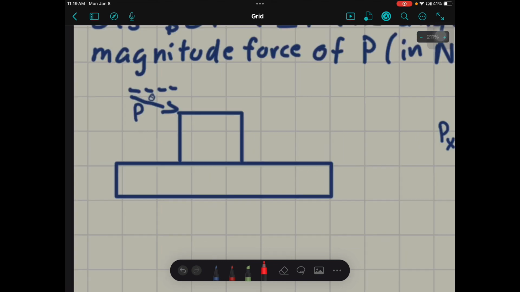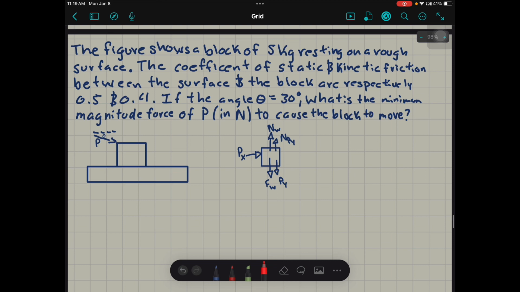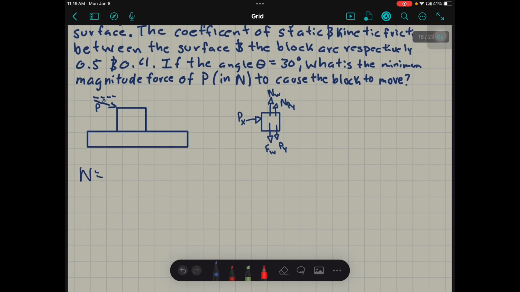The first thing we're going to do is find our normal force. Our normal force N equals our weight, so it's going to be the mass times gravity. We're going to add that to our P sine of 30 degrees, because sine is opposite over hypotenuse, and that's going to be that line right there.